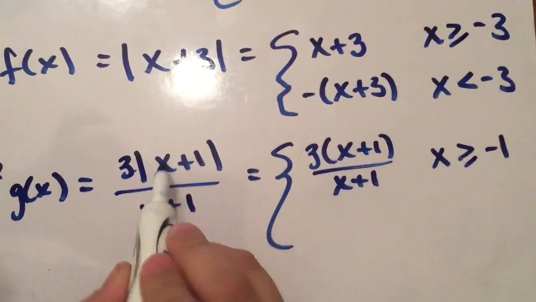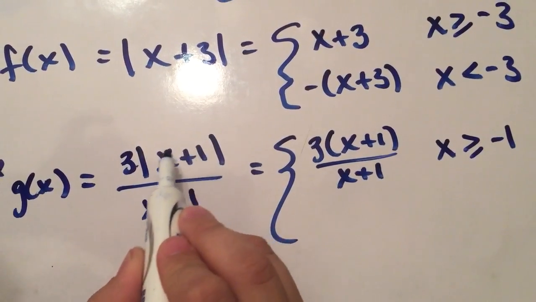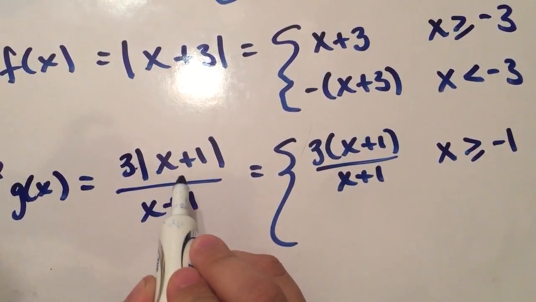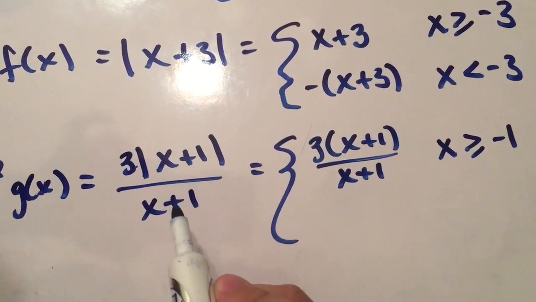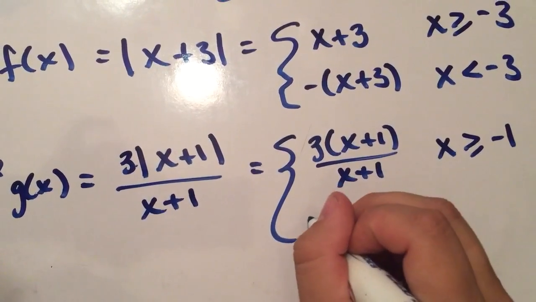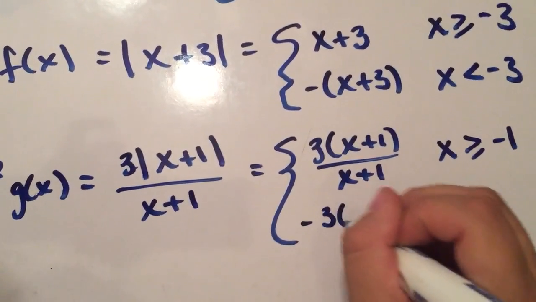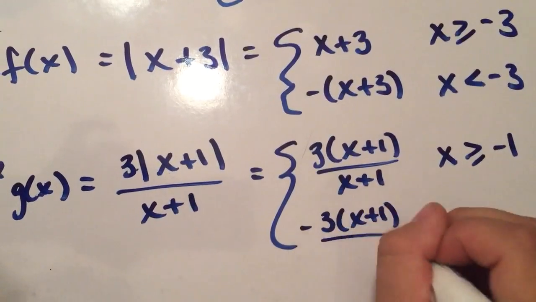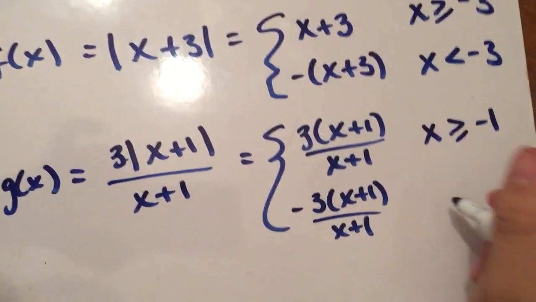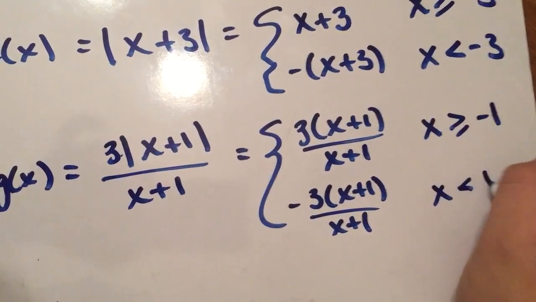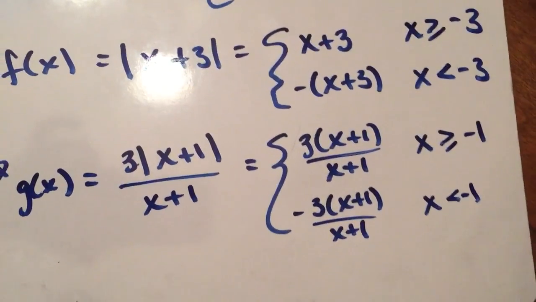Again, from my absolute value, I'm taking when this equals 0, and it's at negative 1. And then I would have negative 3x plus 1 over x plus 1 for whenever x is less than negative 1.